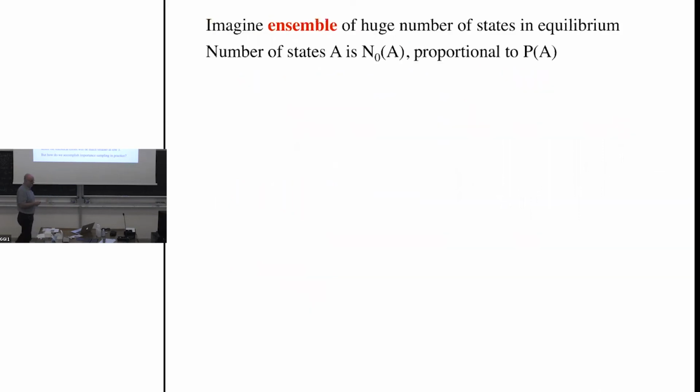Okay, so how do we do that? Now, like we always do in statistical mechanics, we imagine that we have an ensemble of states. So the way I think of that is that I have, in front of me, some configurations of spins. And let's say initially they are all random. So I have a gazillion random spin configurations.